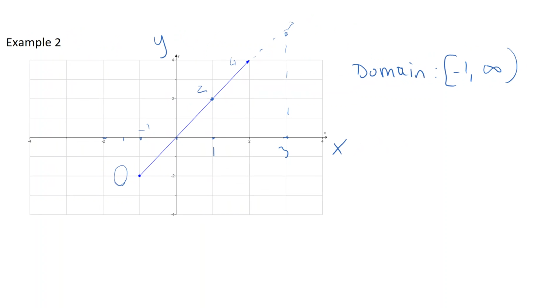For the range now, remember, if you think about putting your function in a box, it will start at -2 and it'll go all the way to infinity. If this was just a regular circle, then we would put parentheses at -2 instead of a bracket.